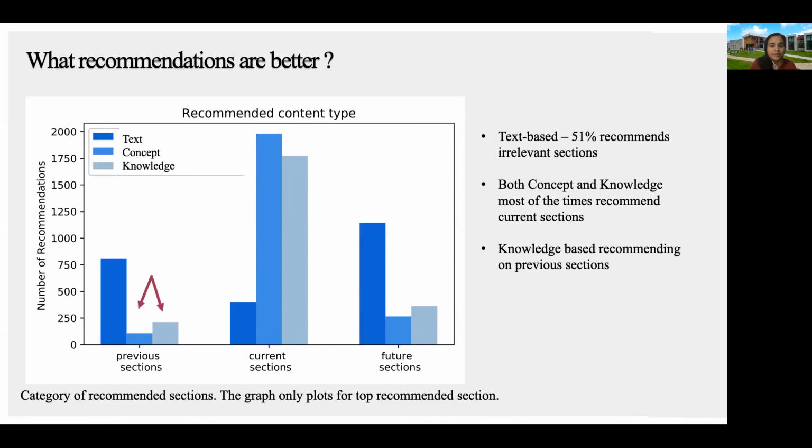Also, we saw that there are times where knowledge-based recommendation recommended more previous sections than concept-based recommendation. This could be the time where the student is still lagging on prerequisites and performing an advanced question quiz. This shows that student knowledge provides personalized recommendation, and the recommendation quality is better.